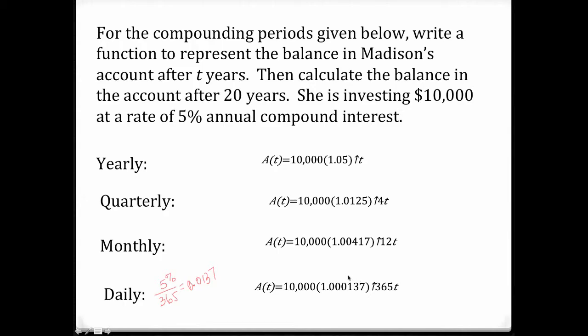So here's my function, 10,000, there's my interest rate, and 365 periods over that 20 years. So let's go ahead and figure out what that's going to be. Pause your video for a second and let's see what that 10,000 is going to be in 20 years compounded daily.